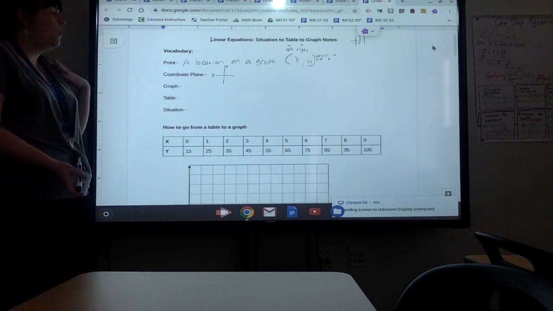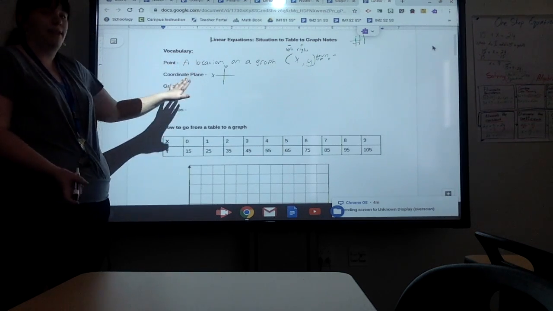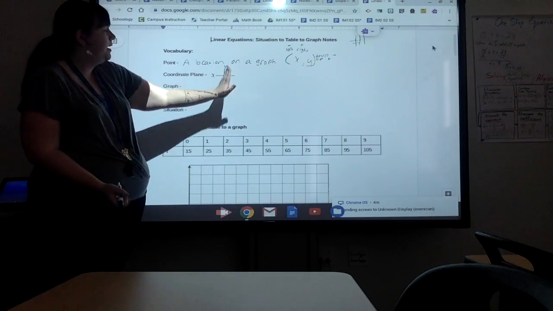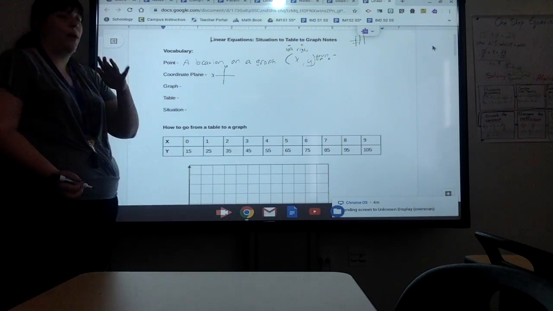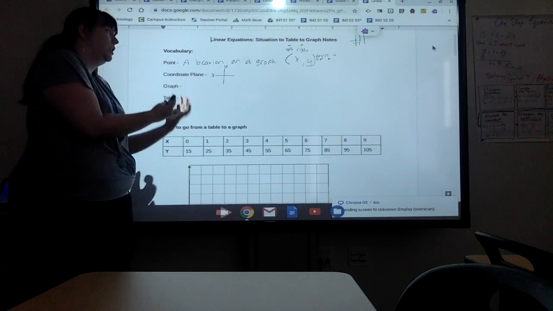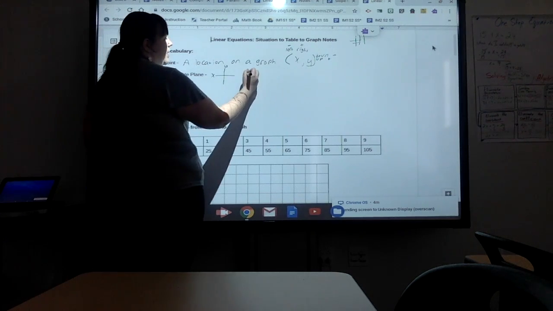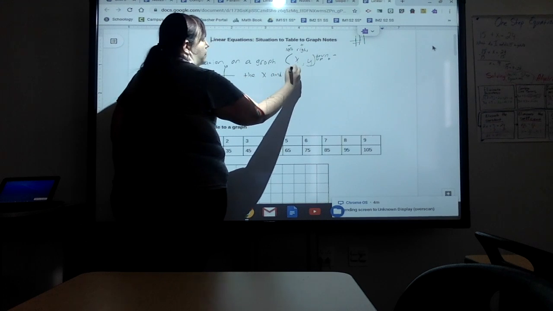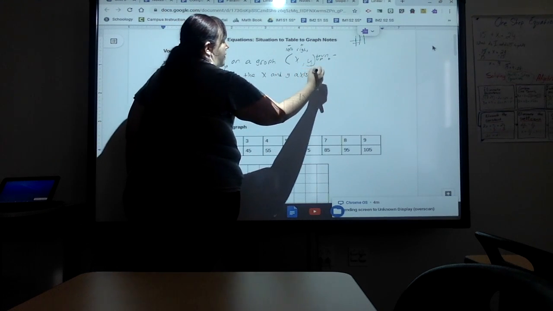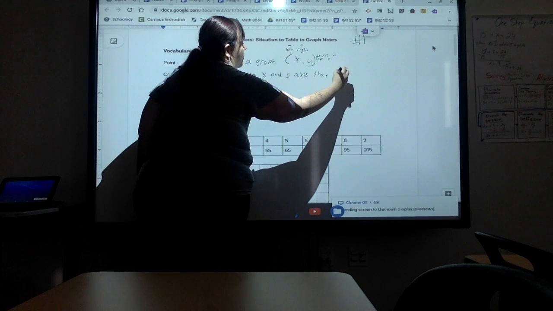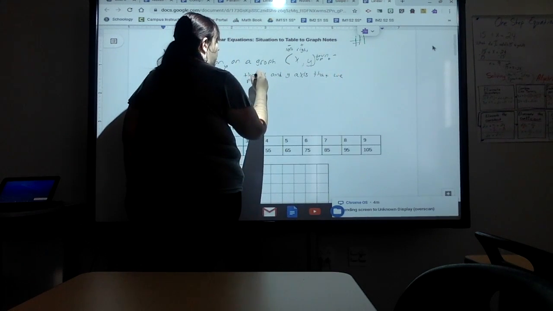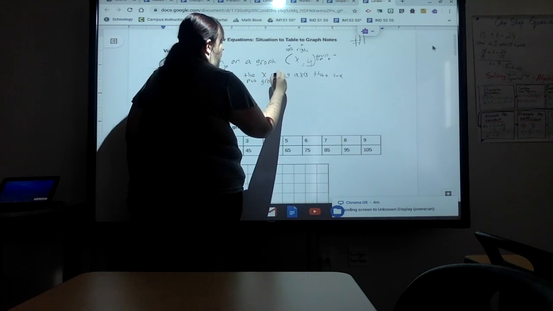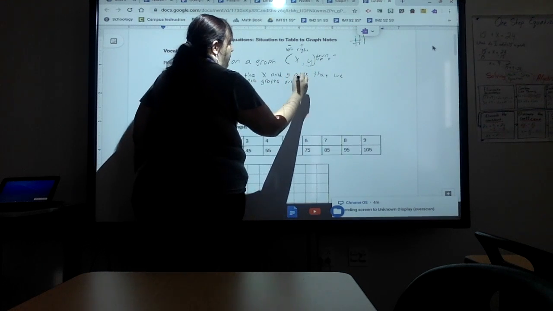In the same way, this is not a graph yet, it's just a coordinate plane. It's just the x and y axis that we put graphs onto.